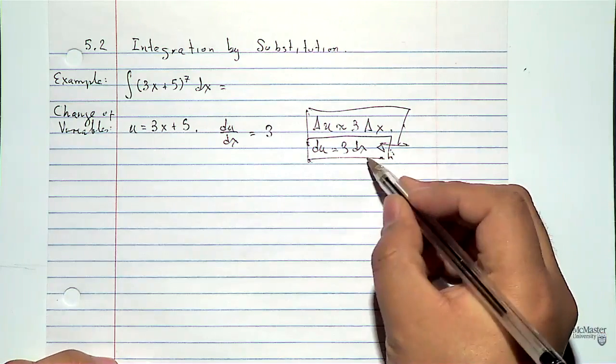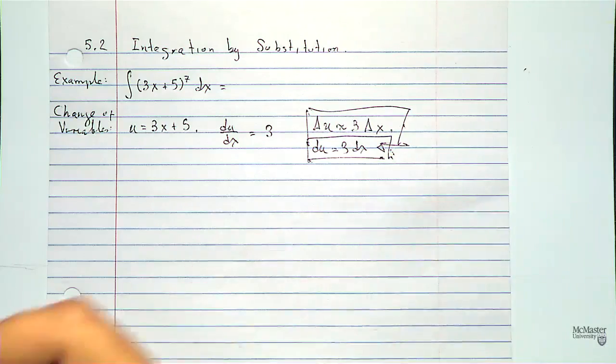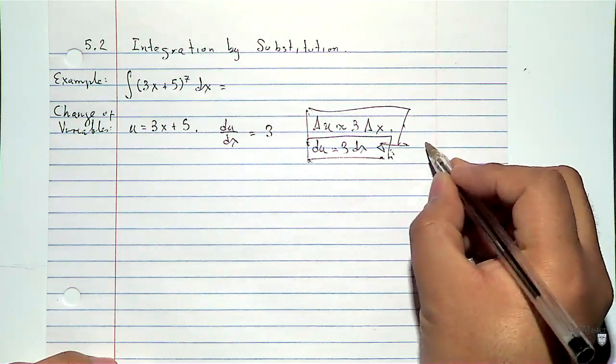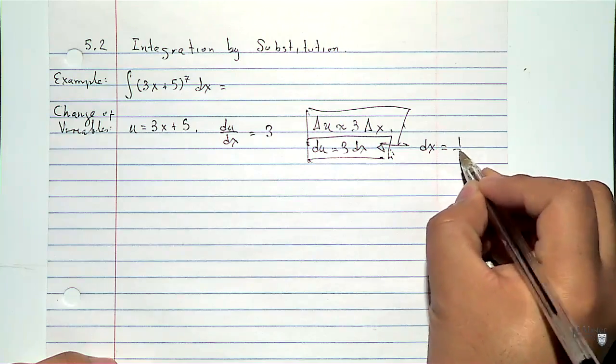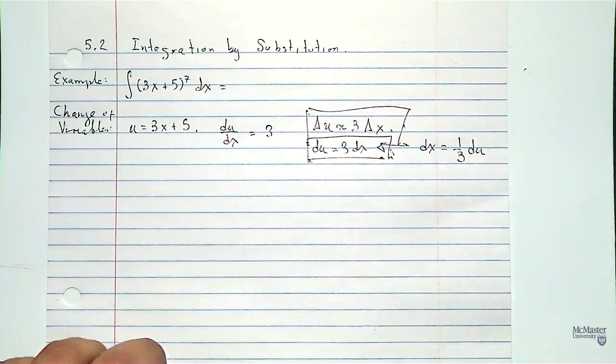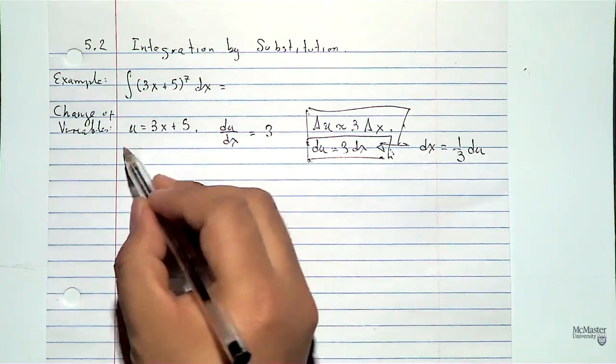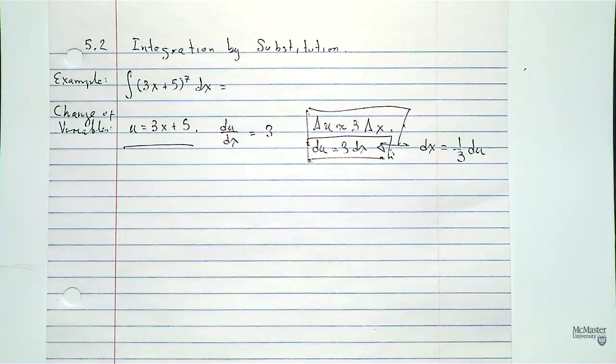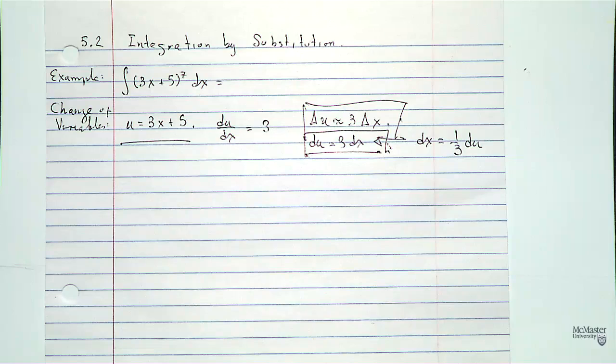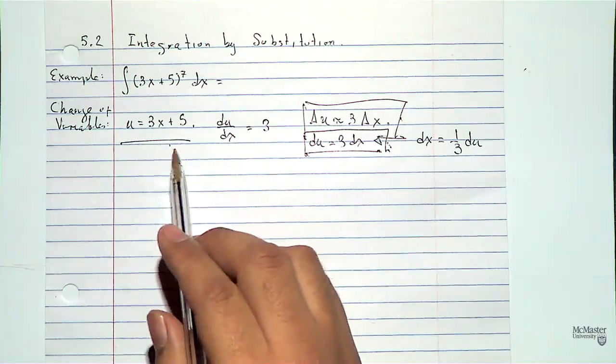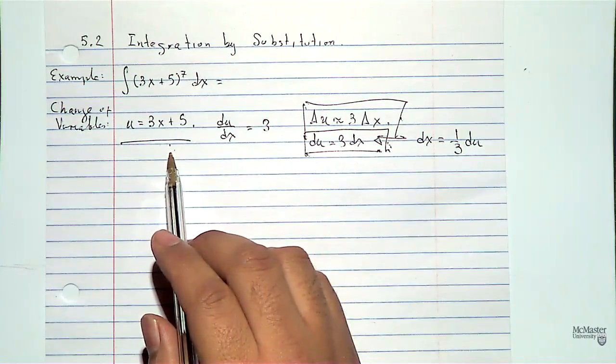So du is equal to 3dx, and I could pass the 3 to the other side, and I have dx equal to 1/3 of du. If you want, it's what is the proportion of the change if you go from the variable x to the variable u, because this function is very simple. It's a linear function. There's a factor of 3. So of course, if you change x a given amount, the change in u is going to be 3 times that change, especially for this function, for the computation.